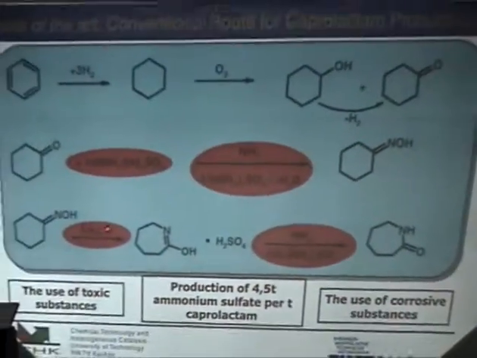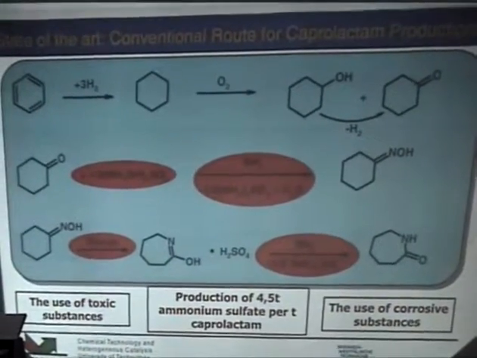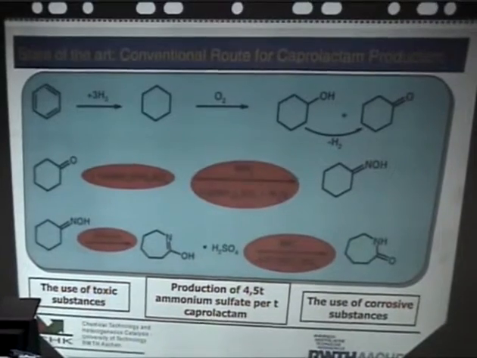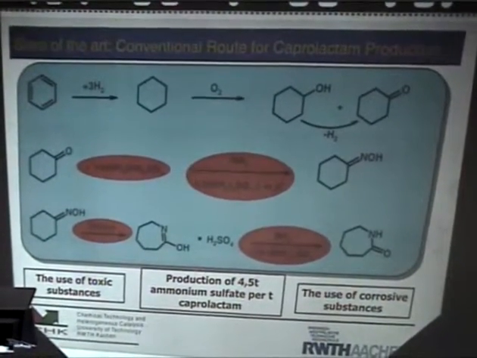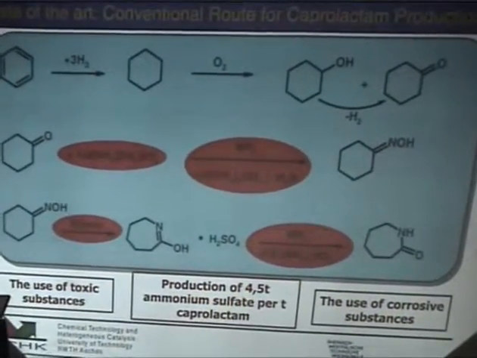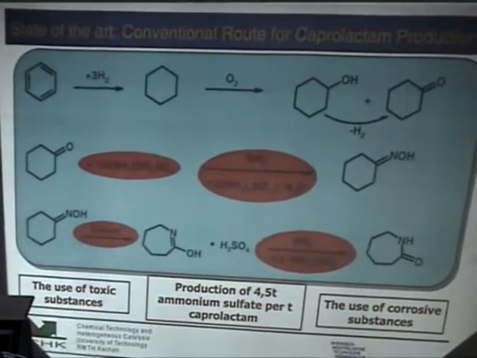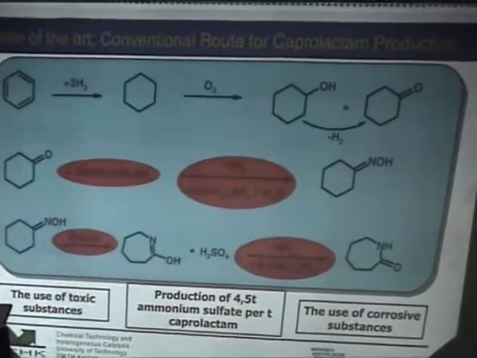The oxime is later on rearranged in hazardous oleum to form caprolactam. The problem of this conventional route is the use of toxic substances such as hydroxylamine, the production of up to 4.5 tons of ammonium sulfate per ton of caprolactam, and also the use of corrosive substances such as sulfuric acid.